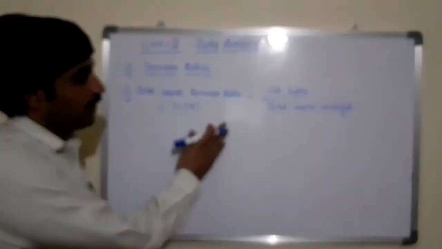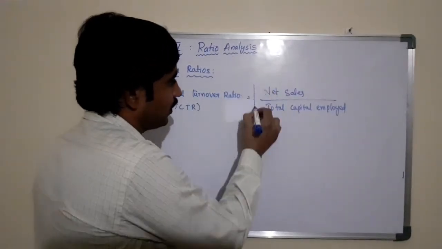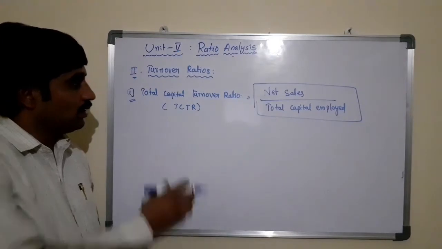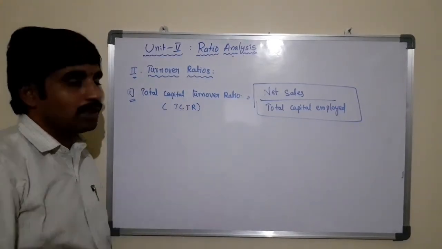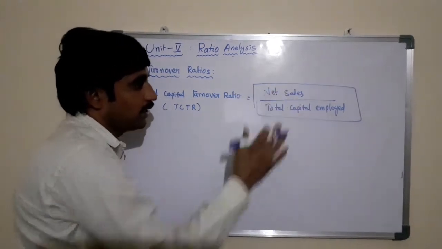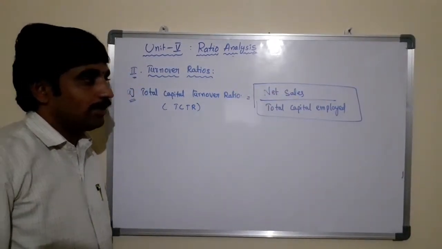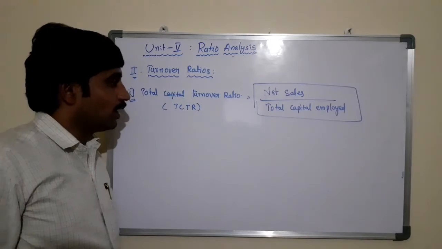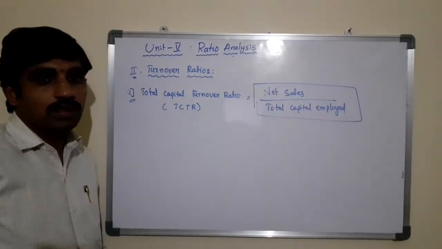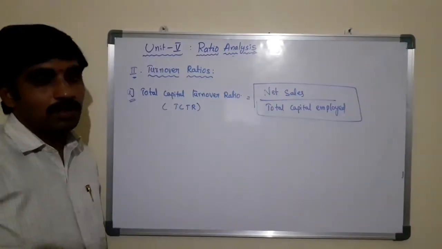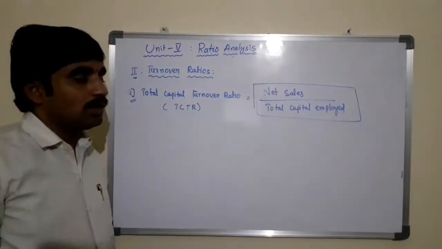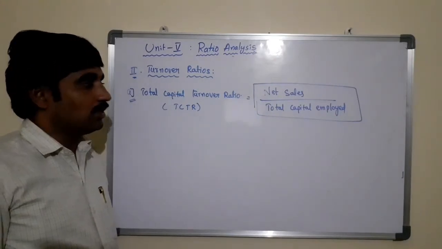It is defined as the relationship between the net sales and the total capital employed. It is used to measure how the management is utilizing the total capital in the business in order to increase the efficiency of the business.